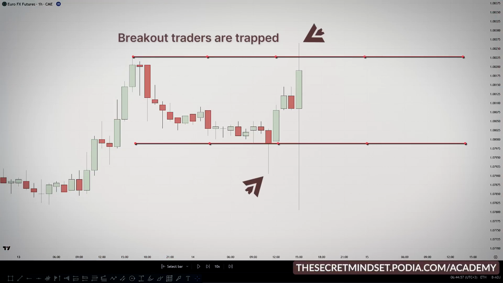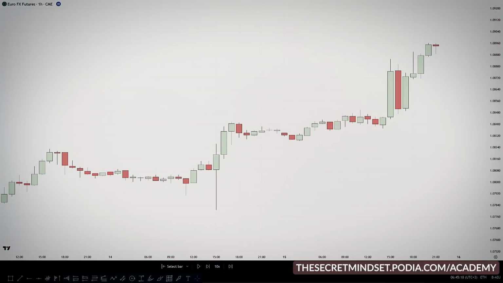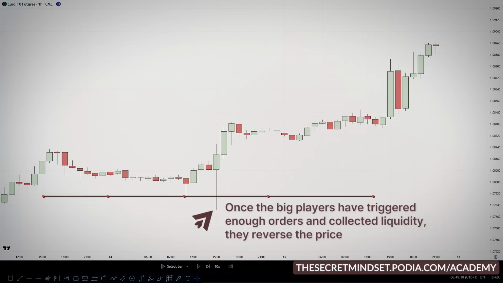At the same time, traders who had their stop losses set just beyond key levels get forced out of their trades. These traders think the market is breaking out of a range or continuing in a strong direction. And once the big players have triggered enough orders and collected liquidity, they reverse the price.